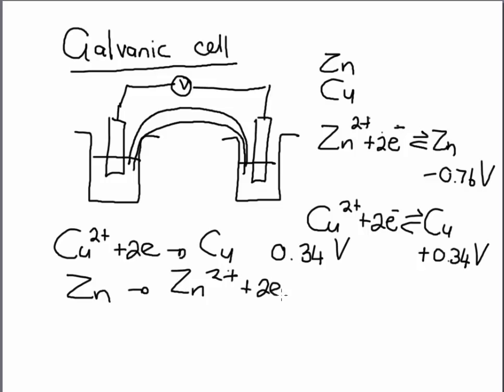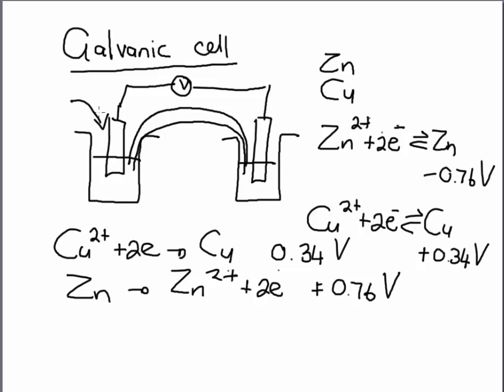Remember, now I've already decided the directions, that's why I'm only using the single arrow, and because I have decided that this is my oxidation half reaction, I'm writing it from right to left. This becomes plus 0.76 volts. And as you can see, when we go and calculate the cell potential, it gives us a value of 0.34 plus 0.76, 1.1 volt.